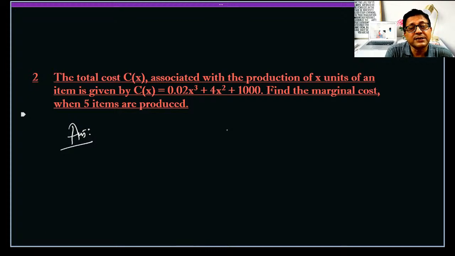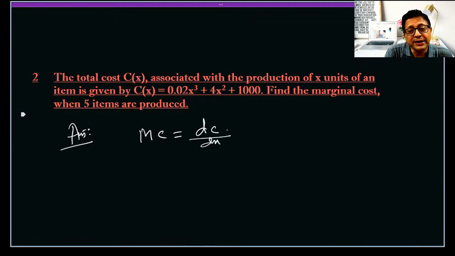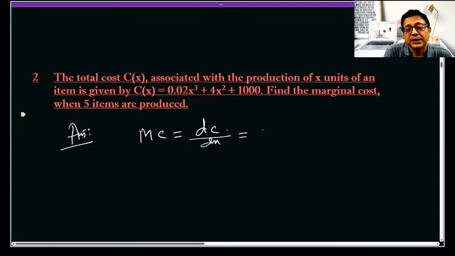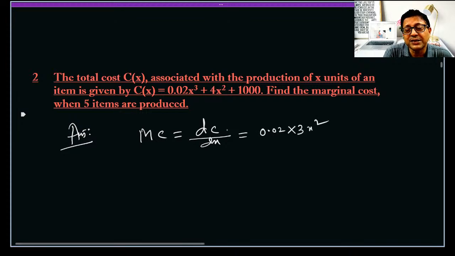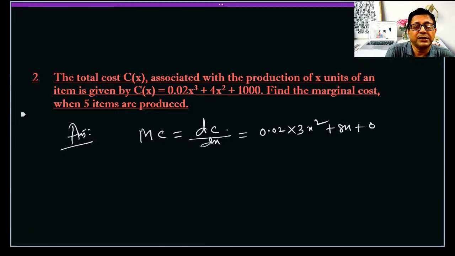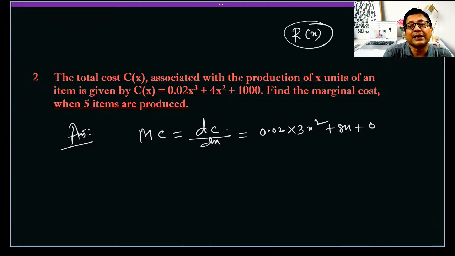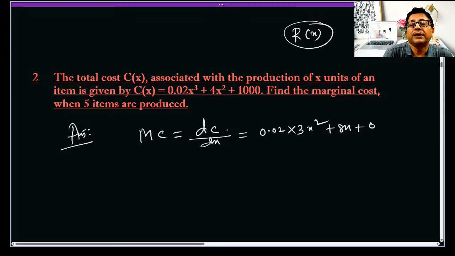Simply you remember this way. So for C(x), marginal cost will be dC by dx. This is equal to 0.02 into 3x square plus 8x plus 0. Clear? This is marginal cost. If suppose revenue function was given R(x), then marginal revenue will be what? dR by dx.